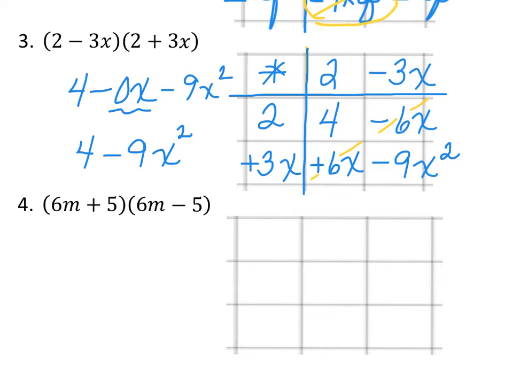And we're going to see something similar happening on our next problem, because on this one we have 6m plus 5 and 6m minus 5. And so we're going to multiply those two.